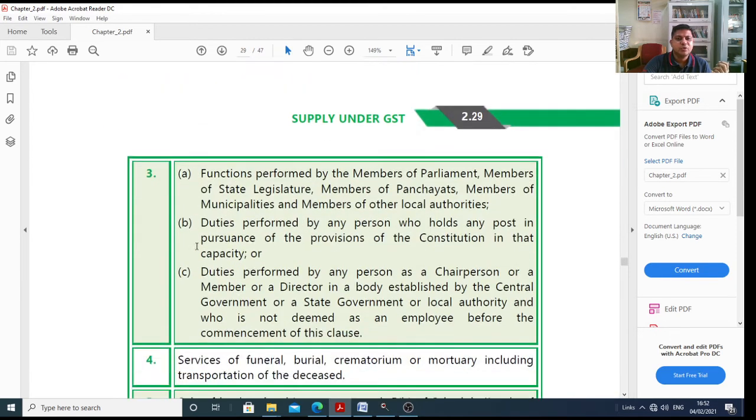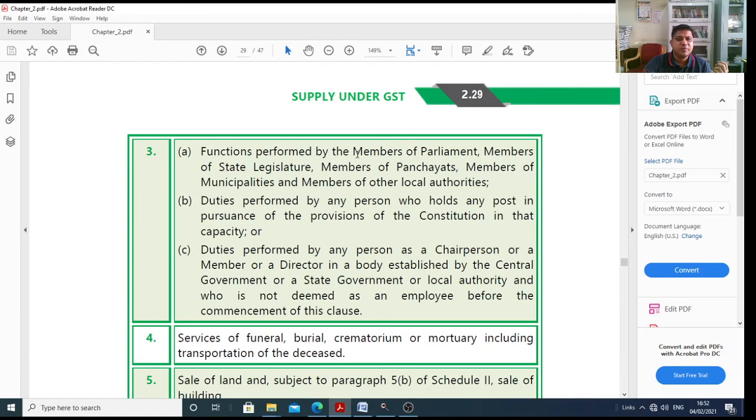These are court functions. Functions performed by a member of parliament, member of state legislature, you can say khasdar or amdar, member of panchayat, member of municipalities, member of local authorities. These persons are doing certain work. It is not considered a supply.